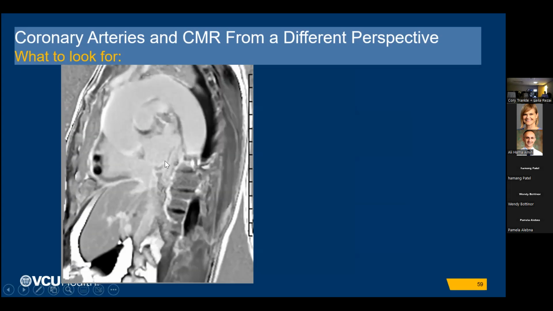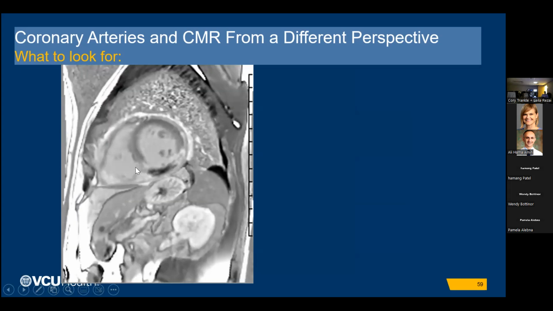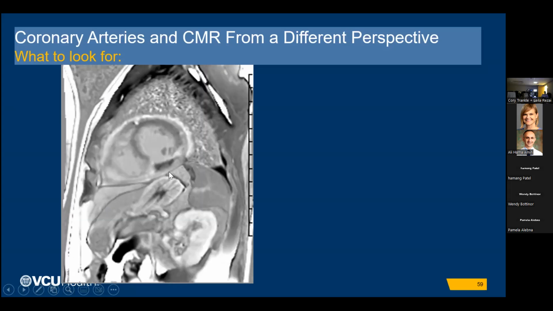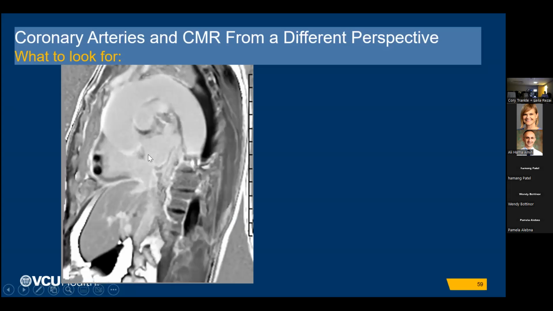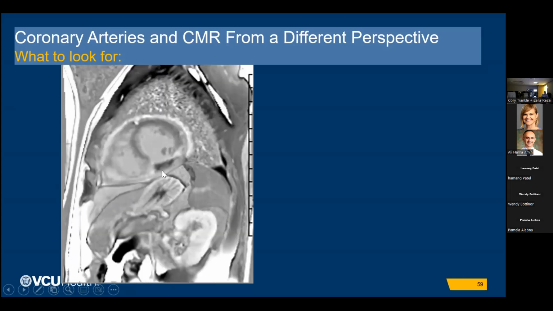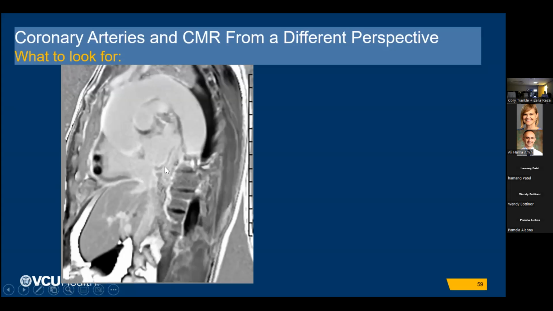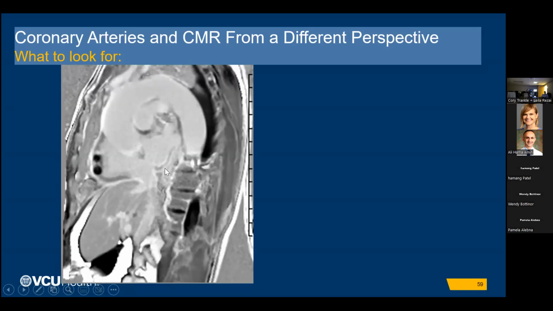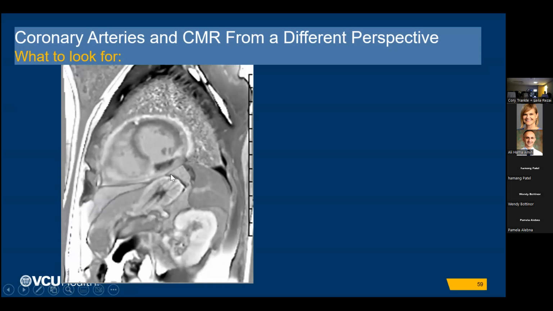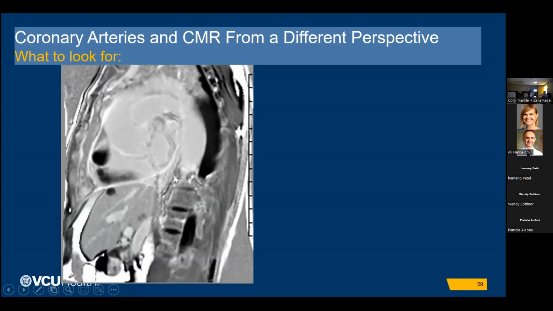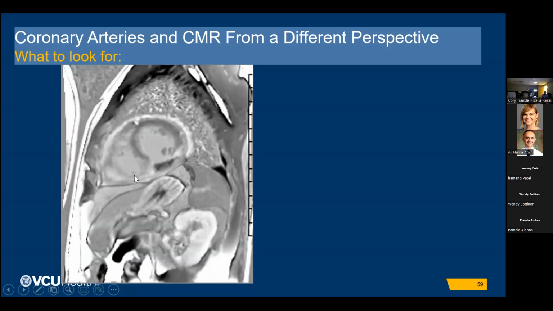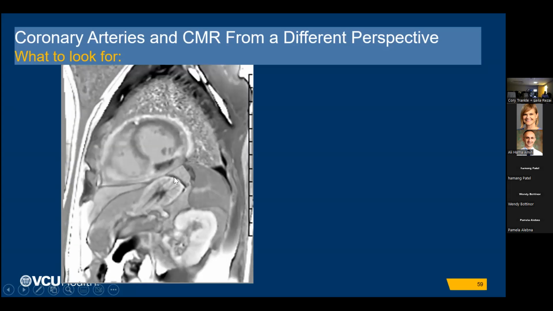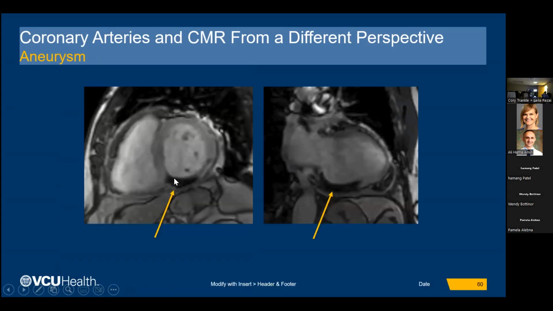And at the same time, we can see that there is a large MI. It's involving both right and left ventricular, inferior wall, base to apex, with a large hyposignal structure here, which is basically the macrovascular obstruction or no reflow zone in context of acute MI.